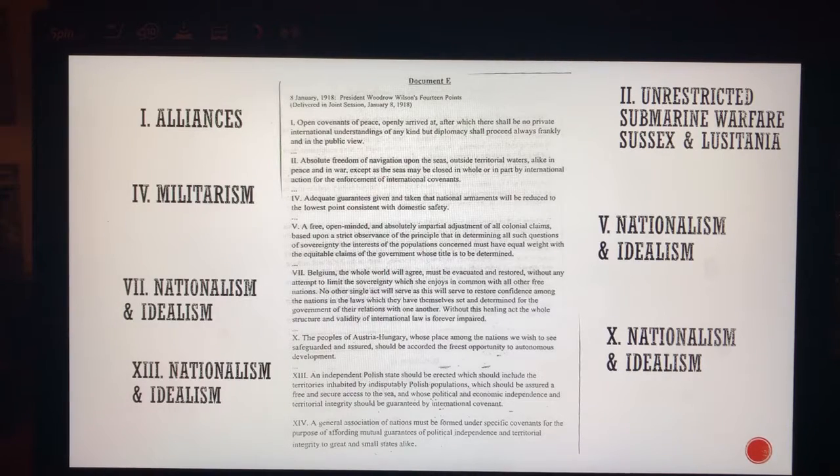Again, nationalism, idealism. He's basically securing rights for these nations. The last one, 14: a general association of nations must be formed under specific covenants for the purpose of affording mutual guarantees of political independence and territorial integrity to great and small states alike. He's talking about nationalism, right? These nations, militarism, that they shouldn't be taken over, and idealism, which will lead to the League of Nations.